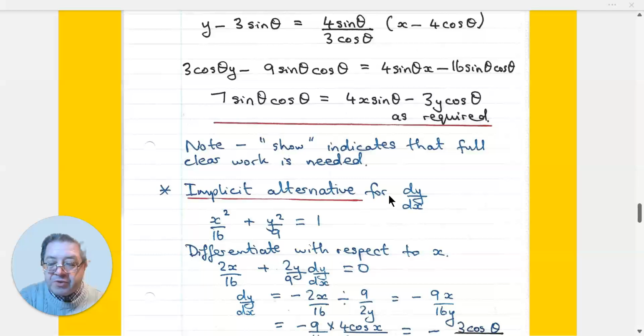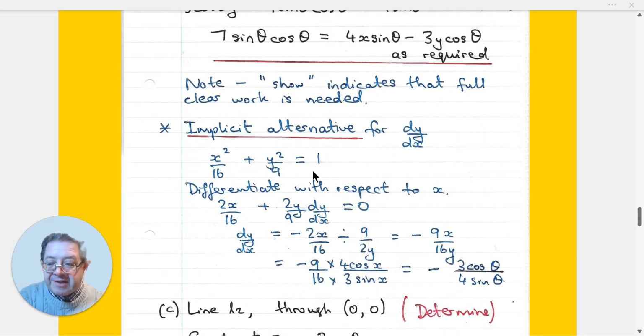Just to show you the alternative way of finding dy/dx using implicit differentiation. Obviously in an exam you only need one method, but here's a good alternative to know. We differentiate implicitly with respect to x, giving us 2x over 16, add 2y over 9 dy/dx equals 0.